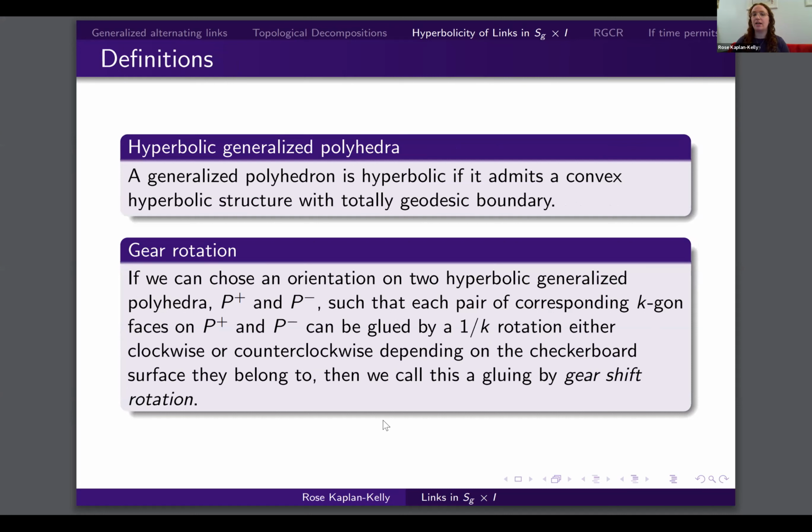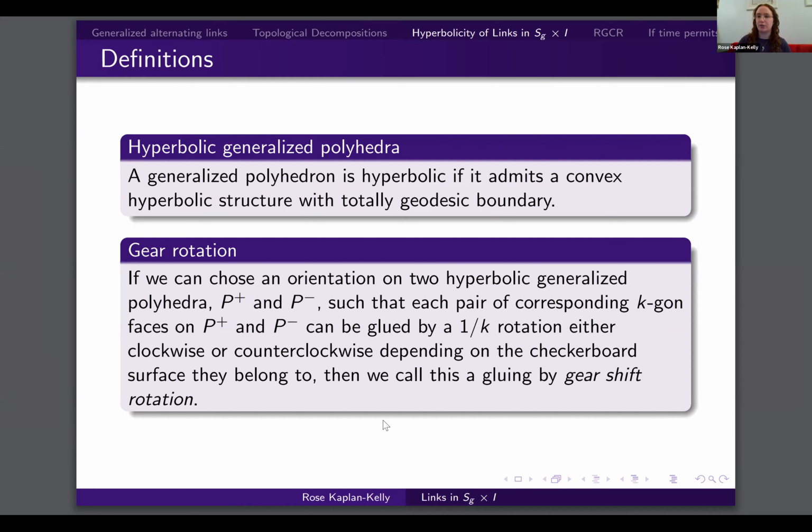So now we have this idea of hyperbolic generalized polyhedra where each of them has a convex hyperbolic structure, and we will require that our boundary be totally geodesic. The reason for that is that we want to have a unique complete hyperbolic structure. So we have that requirement. In order to look at this, we'll need this notion of a gear shift map.